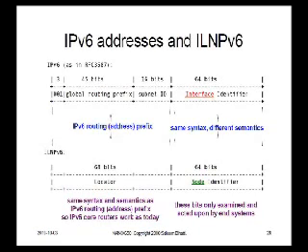So this is the modification we're making to the IPv6 address. At the top of this slide is the format of the address as it exists today, straight from RFC 3587. And what we do in ILNPv6 is we take that same address structure and we now change it.